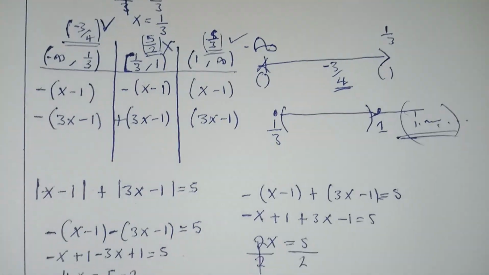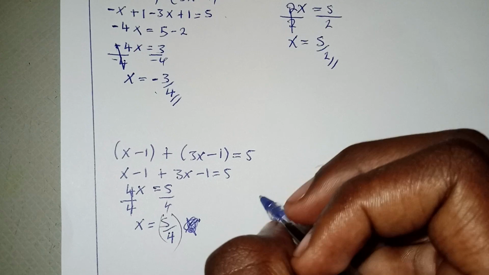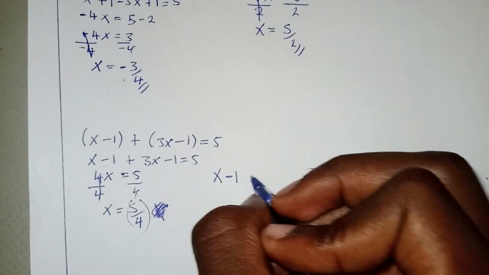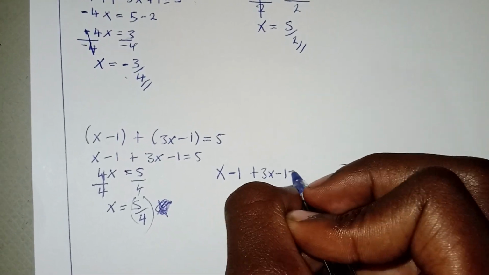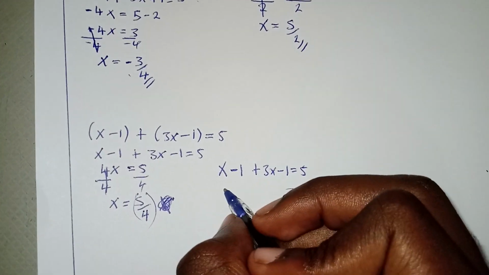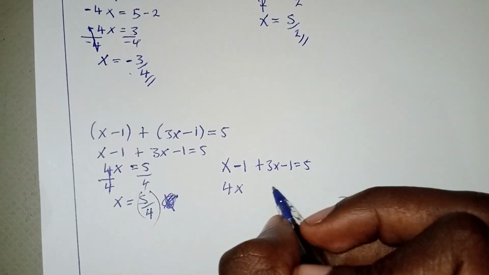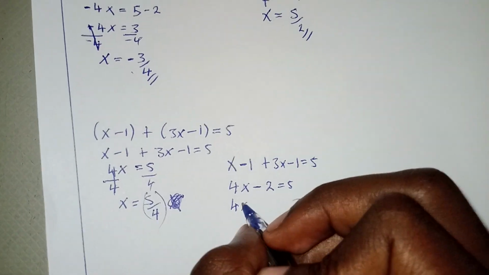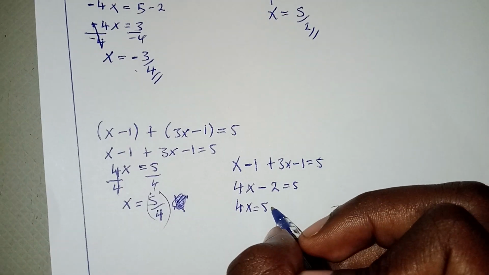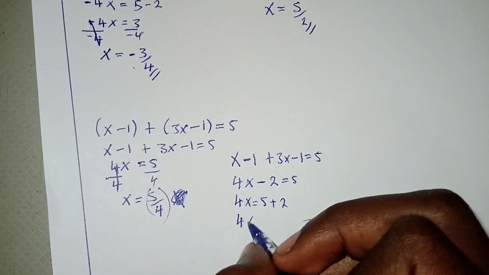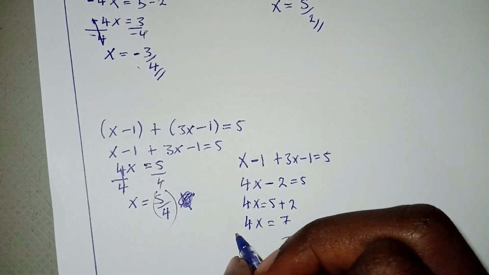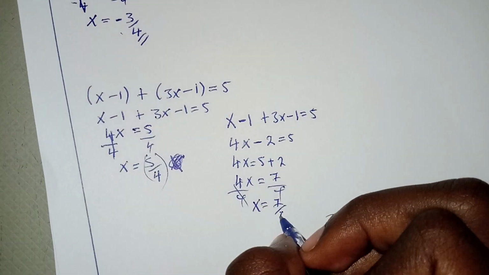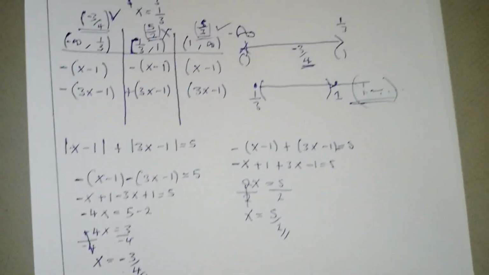Wait a minute. Let me try to resolve this one. Okay, so we had x minus 1 plus 3x minus 1 equal to 5. This is going to be 4x. This is going to be negative 2 equal to 5. 4x equal to 5 plus 2. 4x equal to 7, so x over 4. Therefore, we say x is equal to 7 over 4. I think I've solved it the right way.